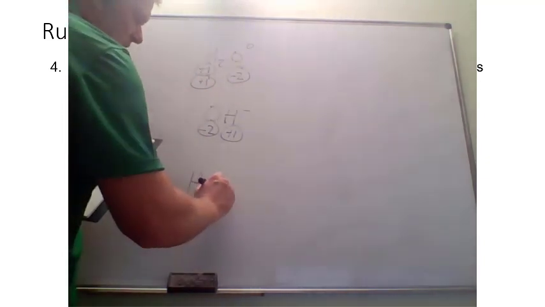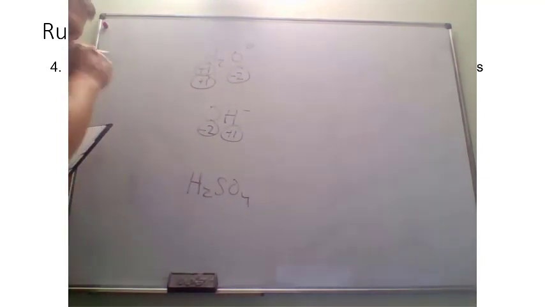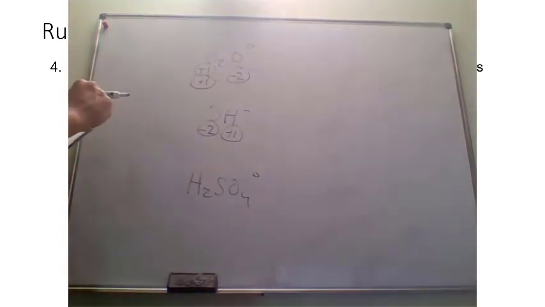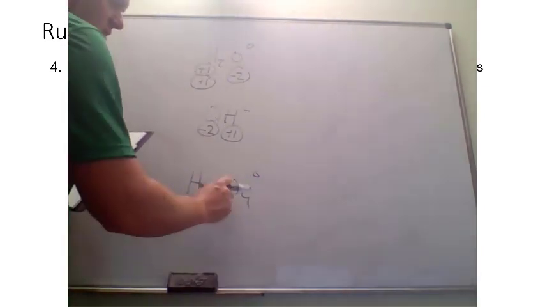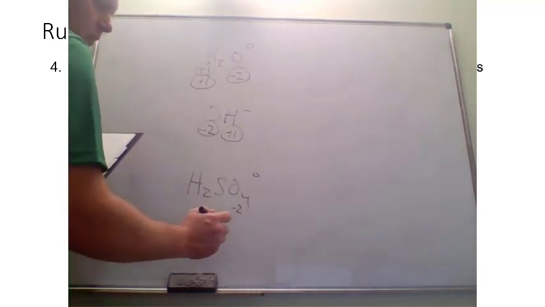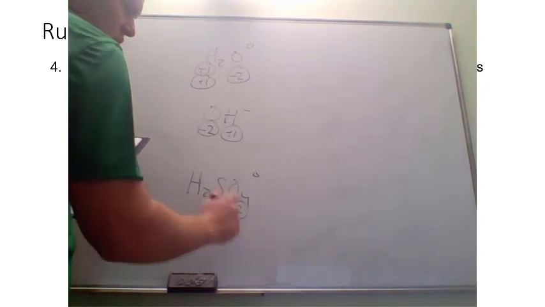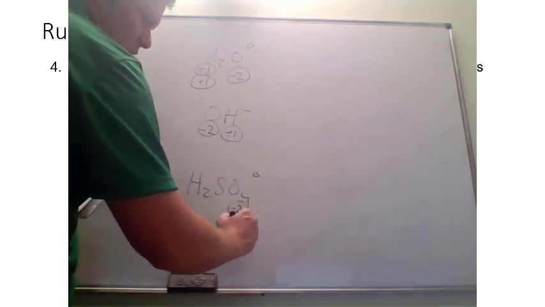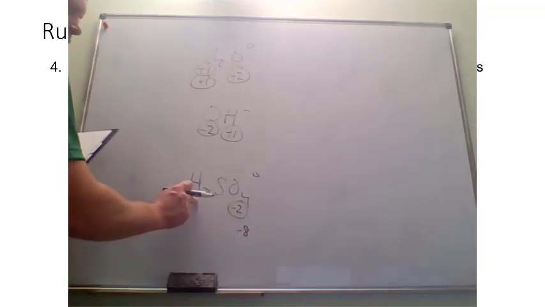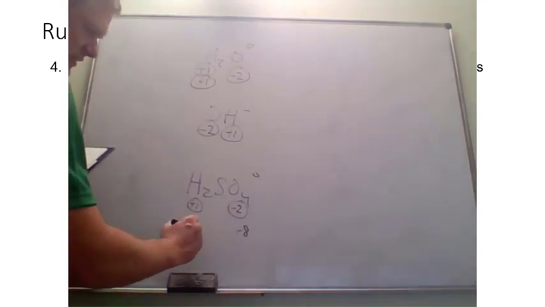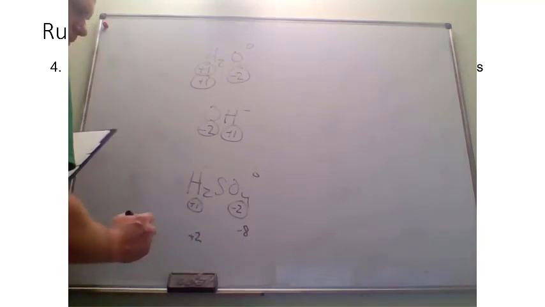Next, H2SO4. We know the overall charge here has to equal 0. Each of our oxygens is going to be equal to -2. So if we have 4 of our -2s, we're going to have a total oxidation number for our oxygens of -2 times 4, which is -8. We know our hydrogens are each going to be +1, so +1 times 2 gives us +2.